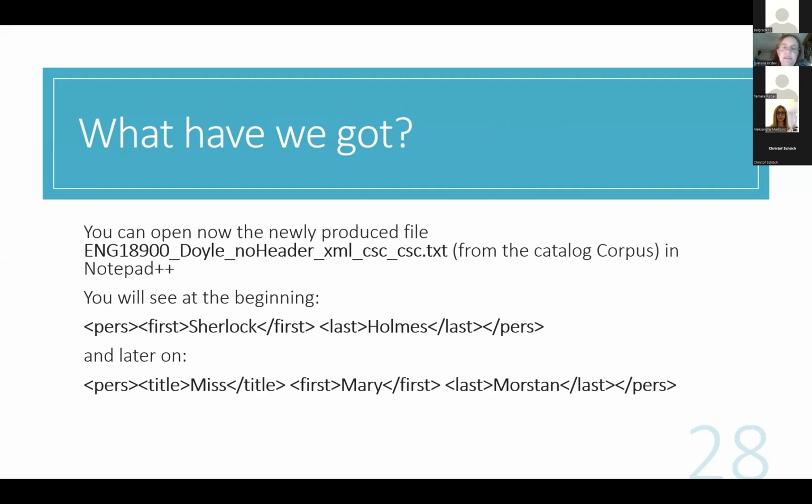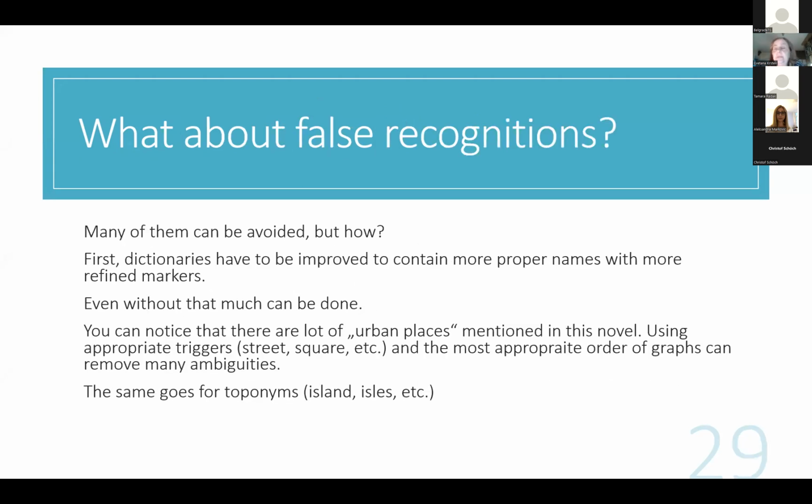For instance, Miss Mary Morstan, you can see in your results that Miss is title, Mary is first, last is Morstan. But if you go through your text, you will see that there are in this case quite a number of false recognitions, and many of them can be avoided.